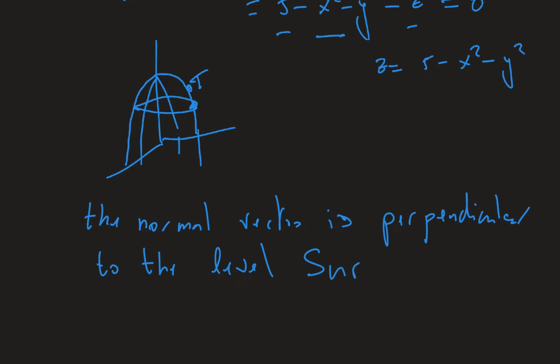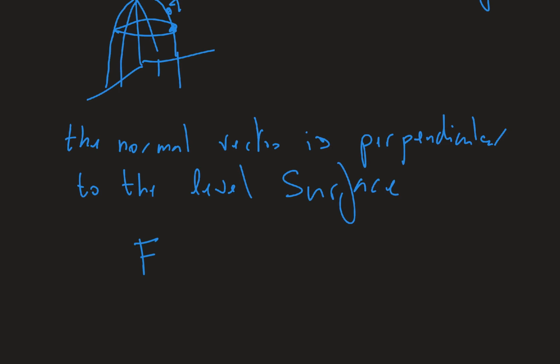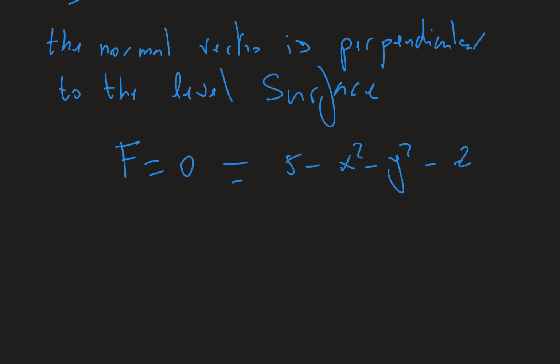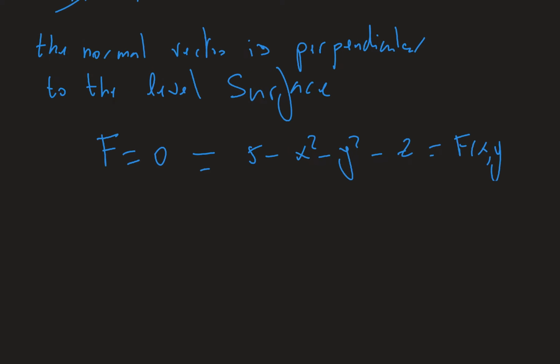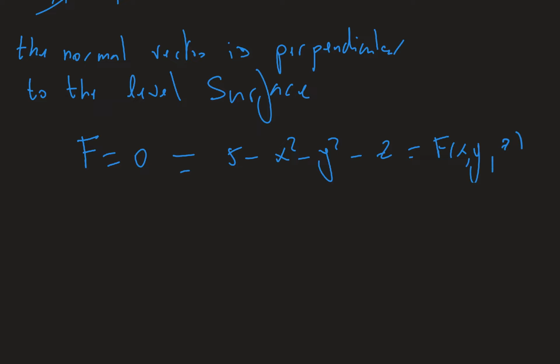So I have the level surface. The level surface F equals 0 is 5 minus x squared minus y squared minus z. And the gradient of F, this is F of x, y, z, and it is the level surface when F equals 0. What is the gradient of F?